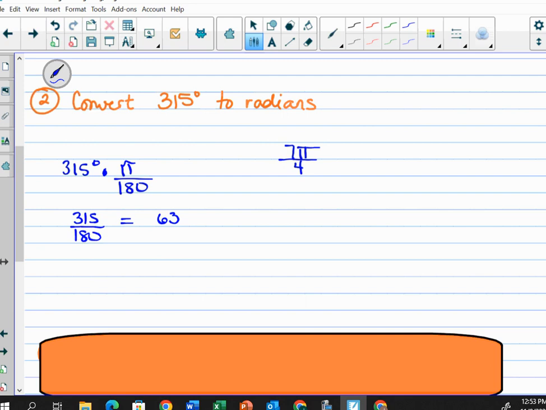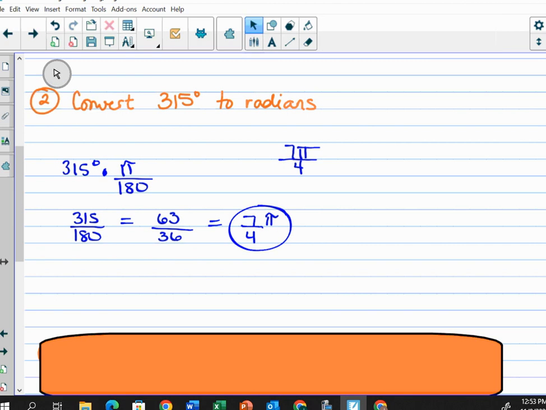And then what about 180 divided by 5? 36. From there, you could divide by 3, or you could divide by 9. And you get 7 over 4, and then that's the end. Does that make sense? Okay.